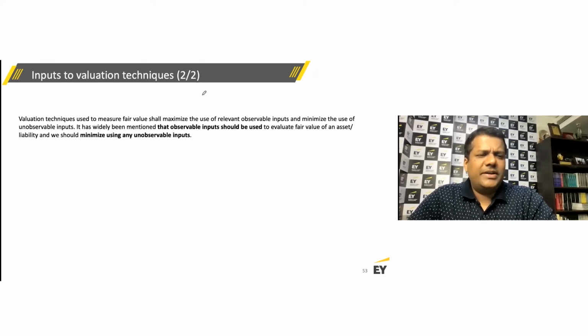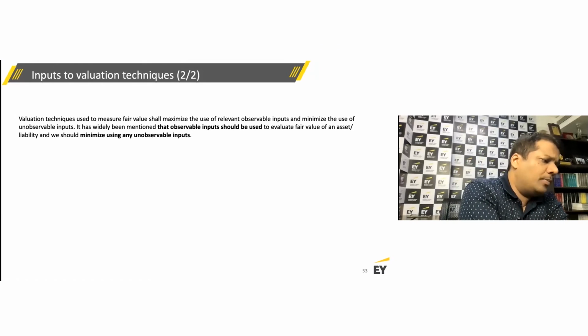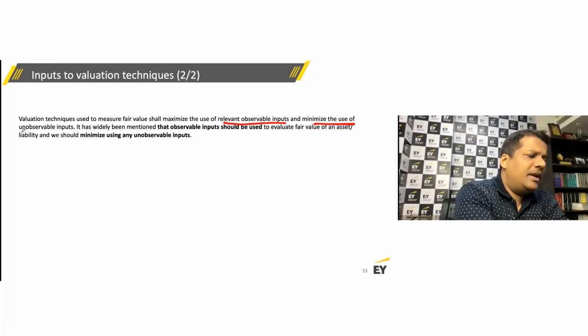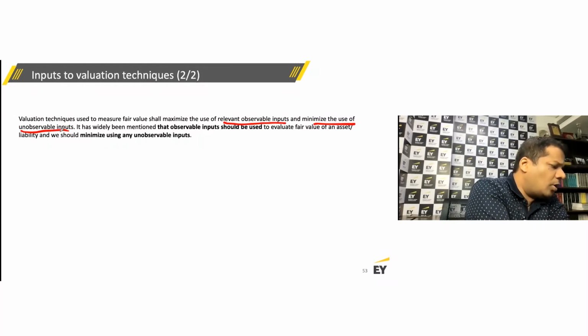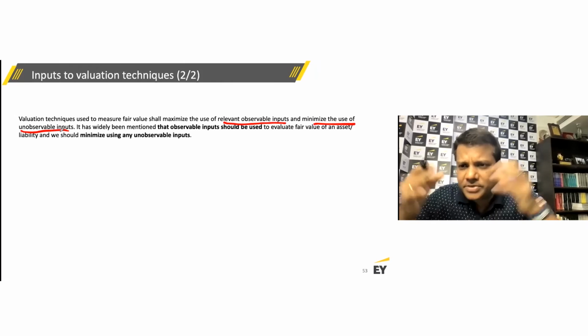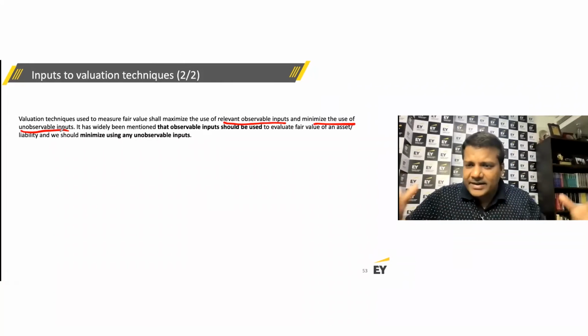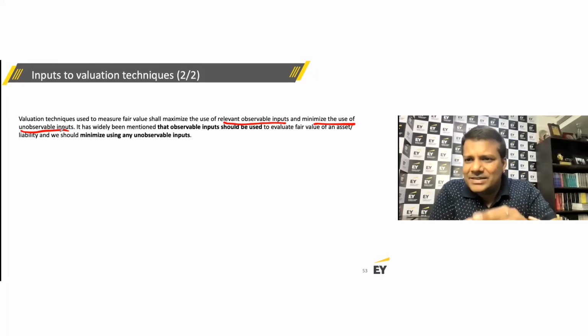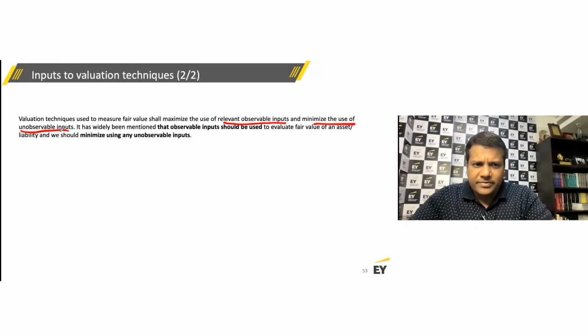Valuation techniques used to measure fair value shall maximize the use of observable inputs and minimize the use of unobservable inputs. You try to maximize the use of observable inputs, which are evident in the marketplace, versus entity-specific inputs, which are called unobservable inputs.